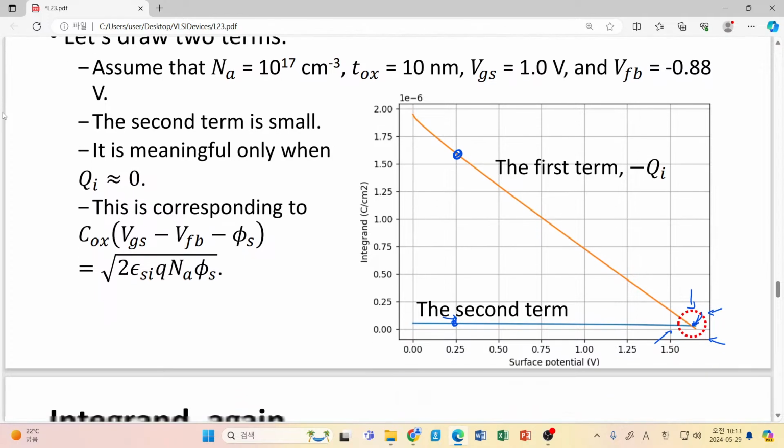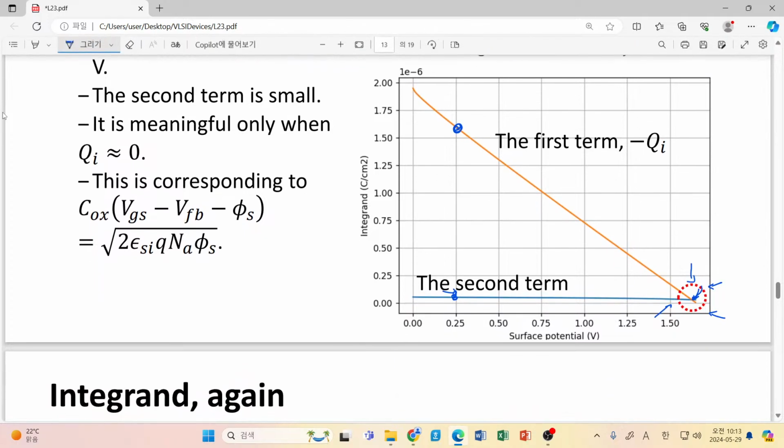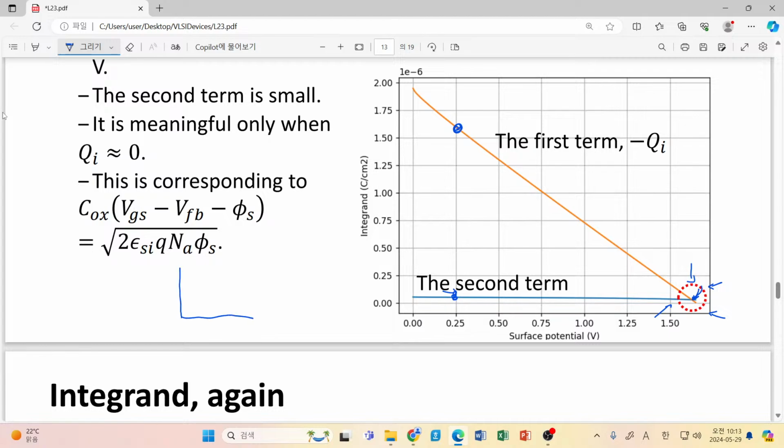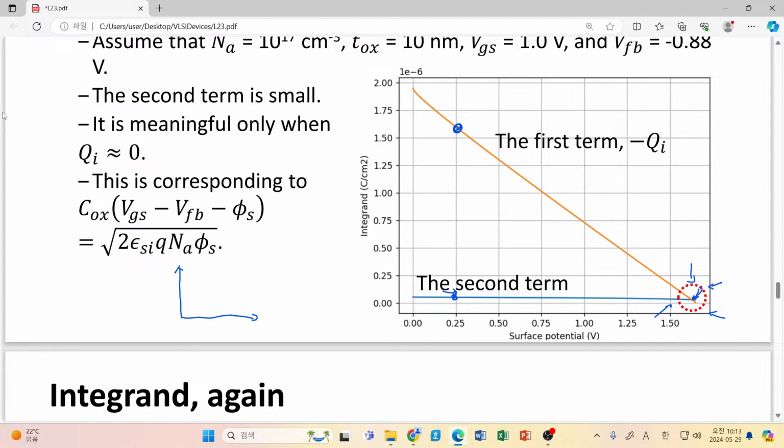I have to admit this second term once again. Although we have drawn the first term and second term all together, this second term seems to be almost a constant. However, in reality, if we draw only the second term, then it is not actually a constant.